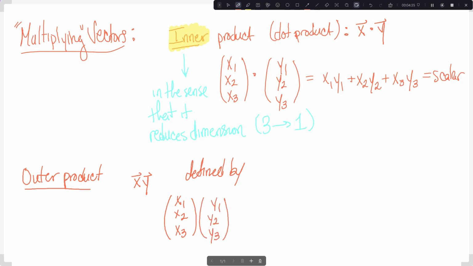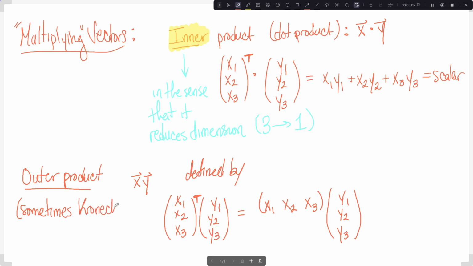Okay, so for the same reason that in an inner product, really what's happened is that's become transposed, we're going to transpose the first one here as well, which will now look like x1, x2, x3, y1, y2, y3. And now it's coming back to me that sometimes this will be called the Kronecker product. And they'll use the O times, which should look like tensors if any of you have worked with tensors.